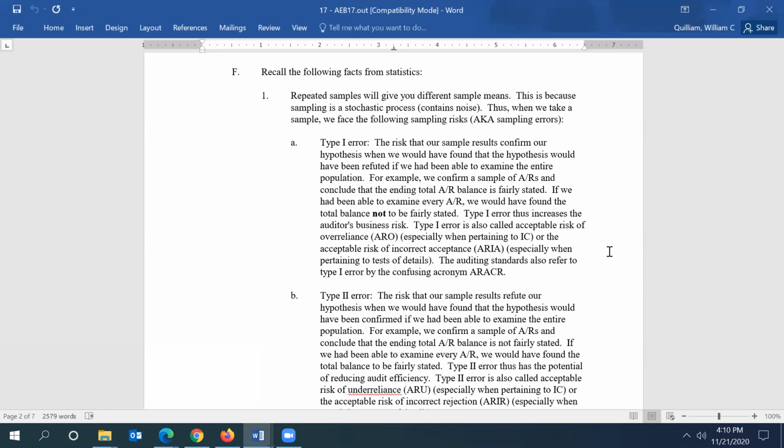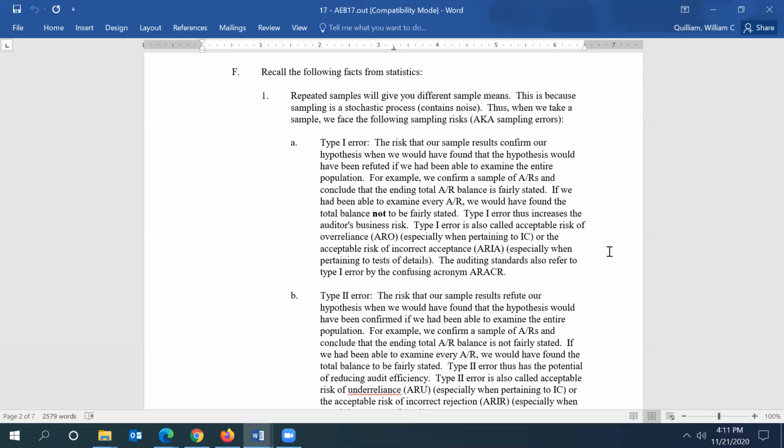Type 1 error is often called the acceptable risk of over-reliance, especially when pertaining to internal control, or the acceptable risk of incorrect acceptance, especially when pertaining to test details. And the auditing standards also refer to this risk of type 1 error by that confusing acronym, assessing the acceptable risk of assessing control risk too low, but they leave off the TL for some reason.